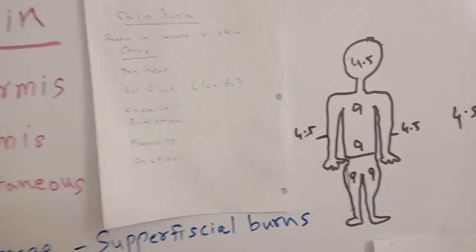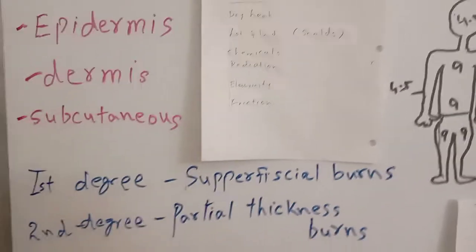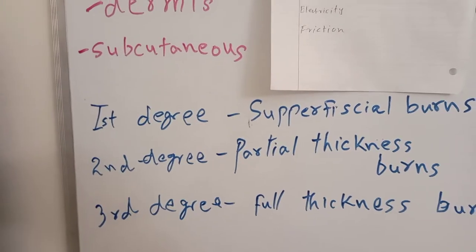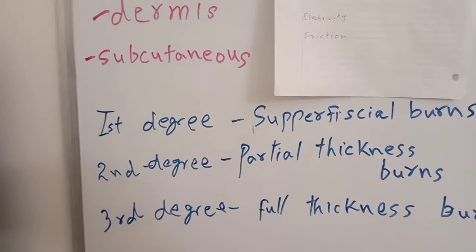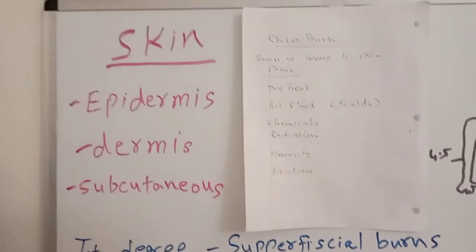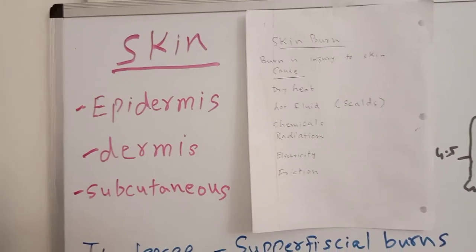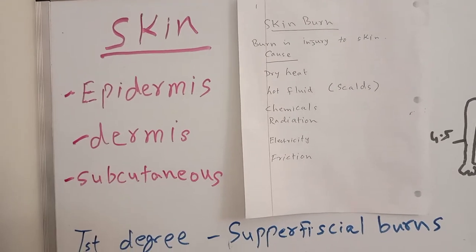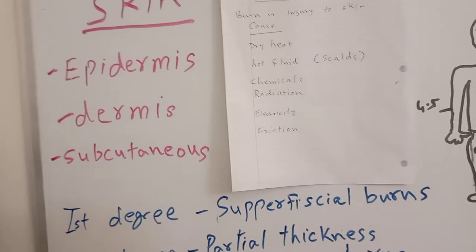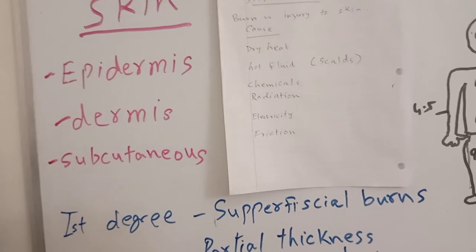Based on the depth of the skin that is burned, the burns are divided into 3 degrees: first degree, second degree, and third degree. As I told you before, the skin has 3 layers: epidermis, dermis, and subcutaneous tissue. In the first degree, only the superficial layer is involved, that is called the epidermis.